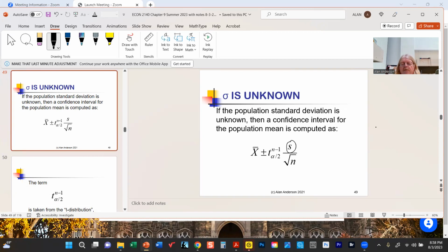The sigma was replaced by S, of course, but the z-score has been replaced by something mysterious, which could be called a t-score or a critical value. And you can see there's alpha over 2, but there's also n minus 1, and the z has been replaced by a t. Now, what is that all about?